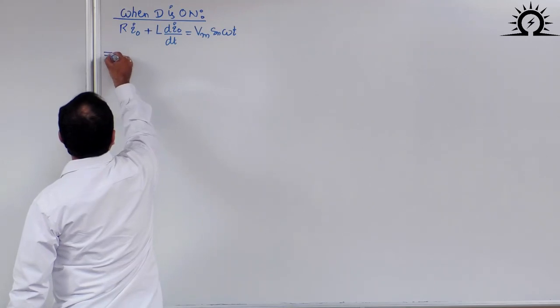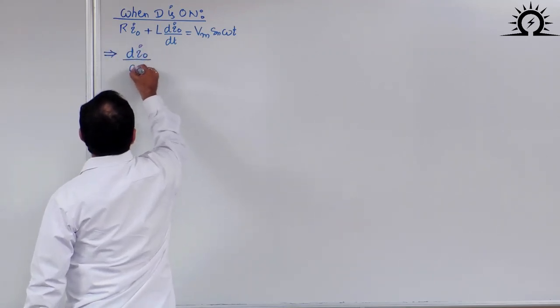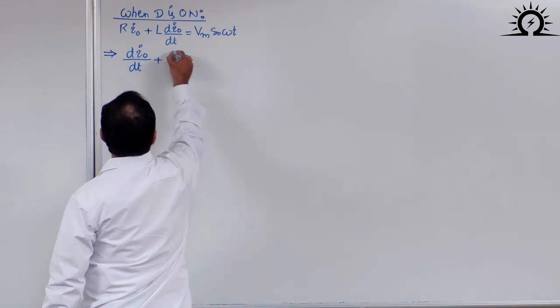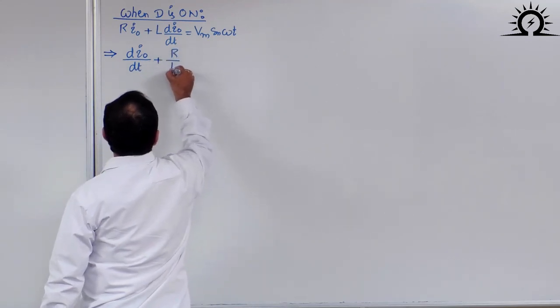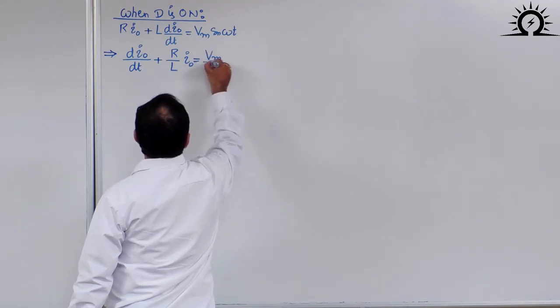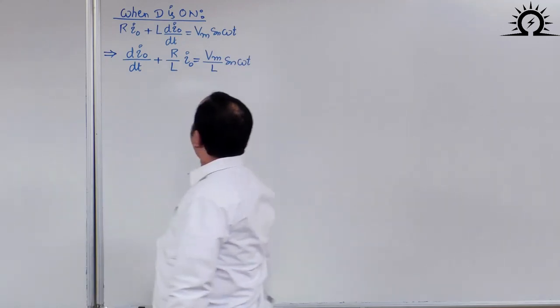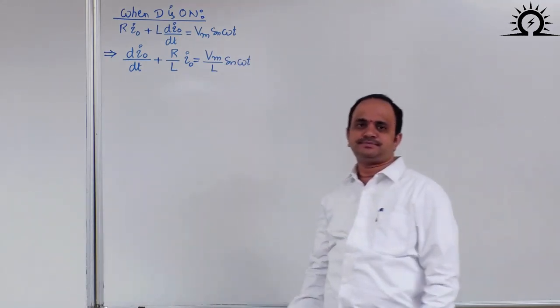I can rewrite this equation as di by dt plus R by L into I naught is equal to Vm by L sin omega t.